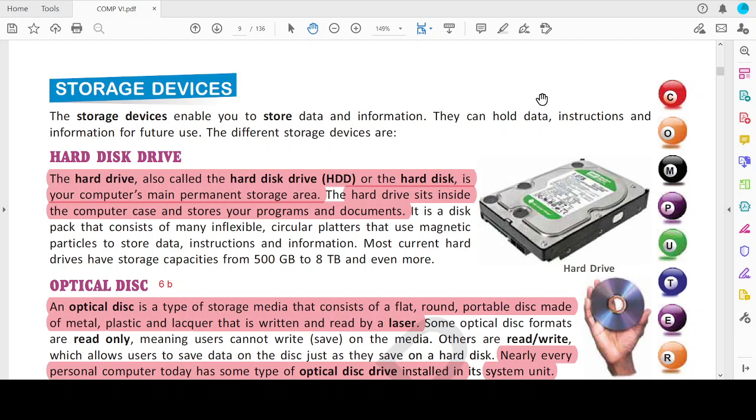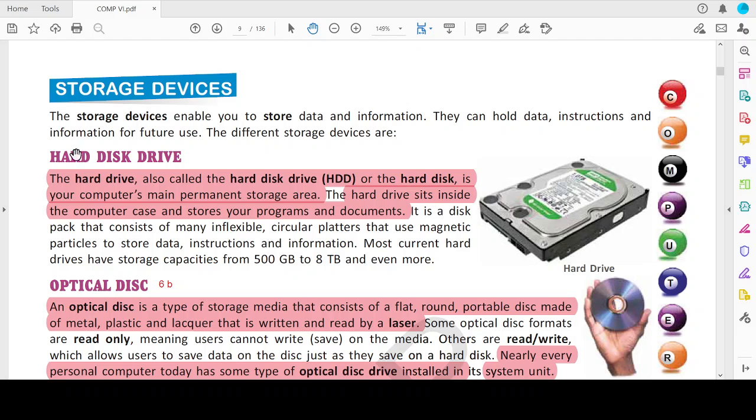We will again learn about the memory hierarchy, that is the cache memory, the registers, the main memory, which is the RAM, and the secondary memory, which is the hard disk. All the devices we will read about now are secondary storage devices, not primary, that is, the permanent ones.